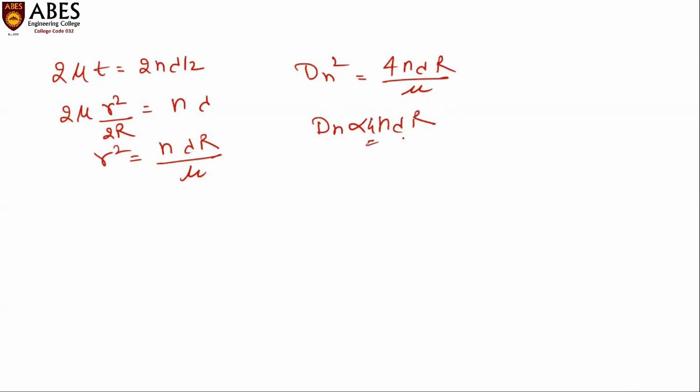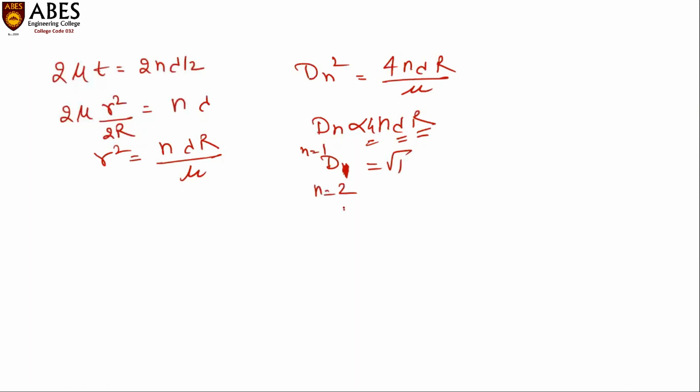Here also 4 is a constant, lambda for a given source is constant, and R, the radius of curvature, is also constant. If we put n equal to 0, 1, 2, 3, 4, then Dn is proportional to root n. If n is equal to 1, D1 is root 1.